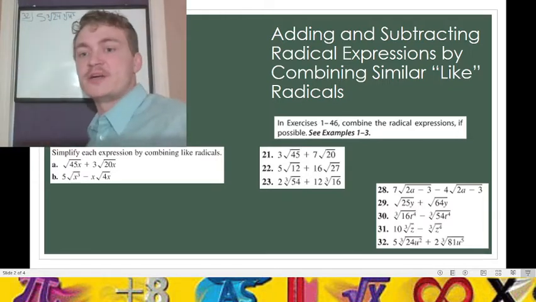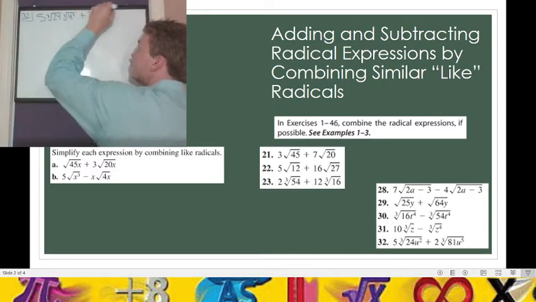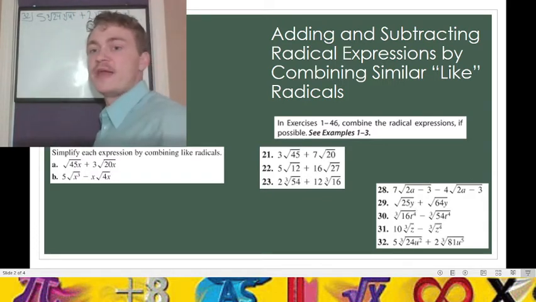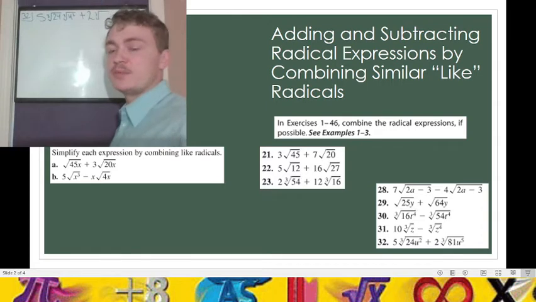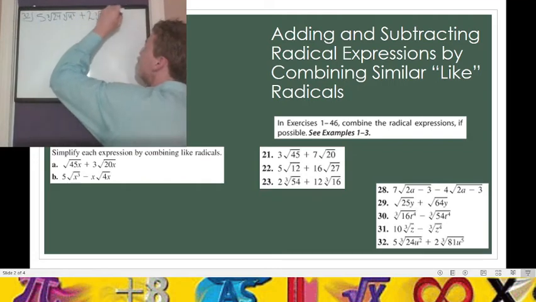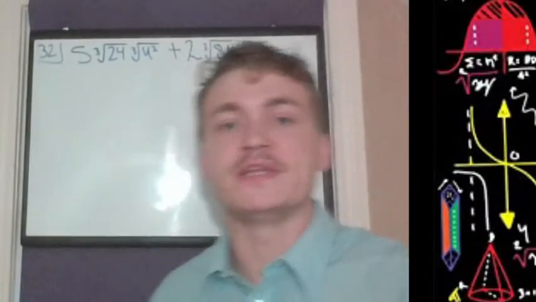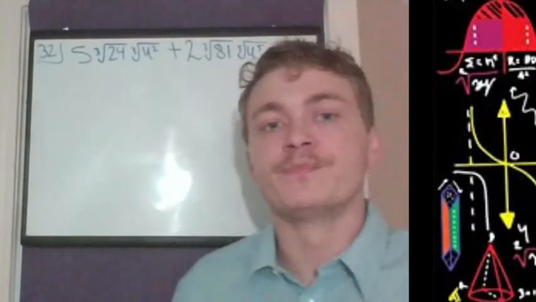Similar to our second term, plus 2 multiply the cube root of 81 u to the 5th. 81 is multiplying u to the 5th, so we'll place 81 under its own radical. And u to the 5th will go under its own radical. And of course, that is the cube root radical.